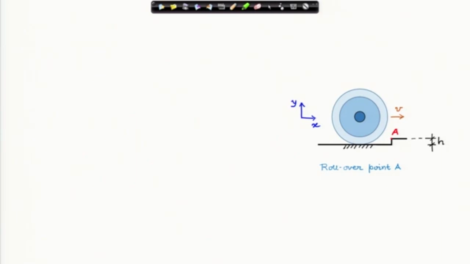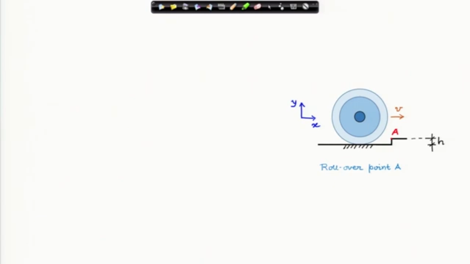Now, because this is an impulsive force at that corner, if I consider the angular momentum of the system about that point of contact with the corner A, then there are no other impulsive forces.